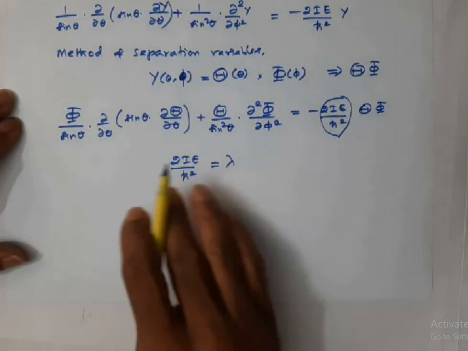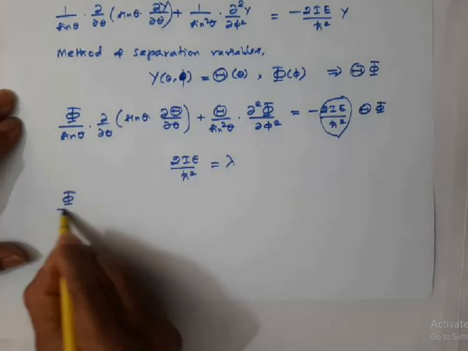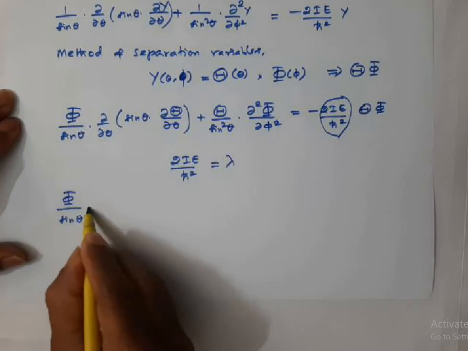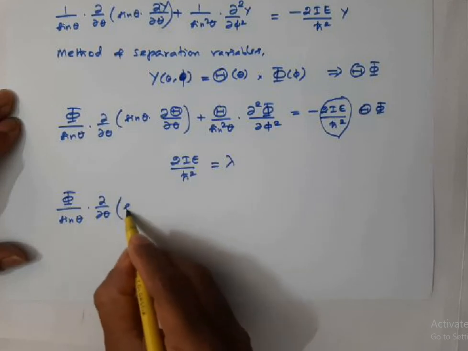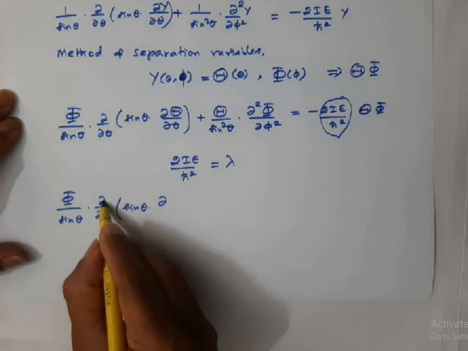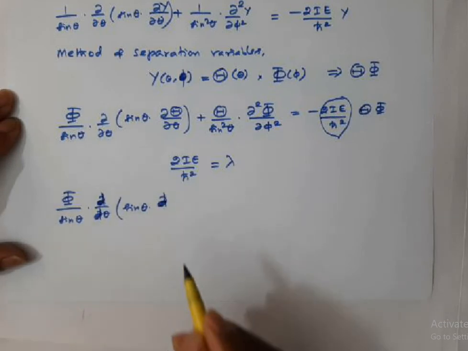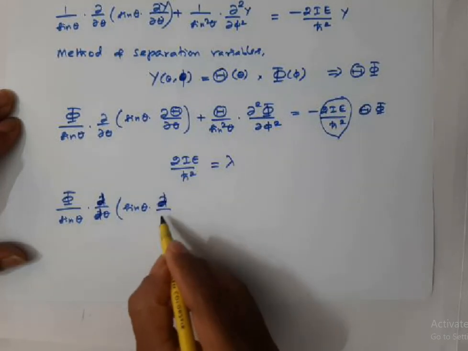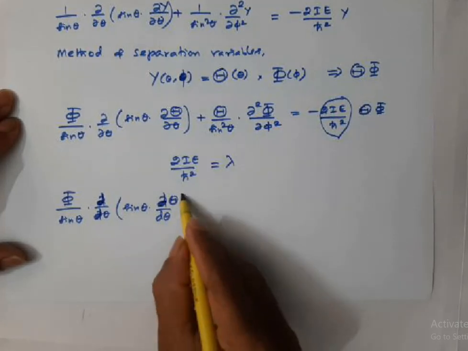So this equation can be written as Phi by sine theta into del by del theta into sine theta del by... you can write directly the exact differential d, the full differential, instead of partial differentiation, because now the function depends only on theta.